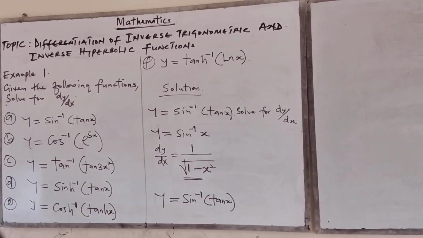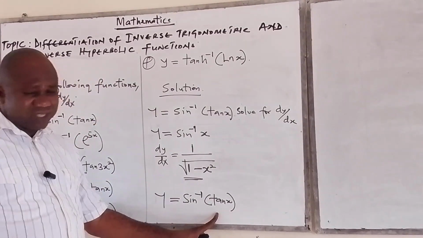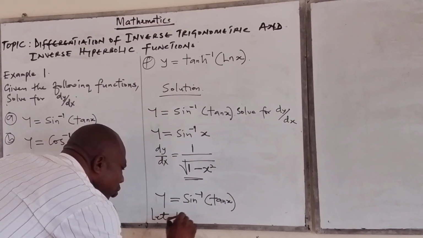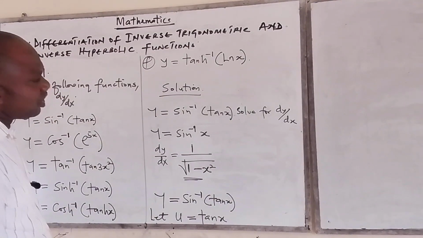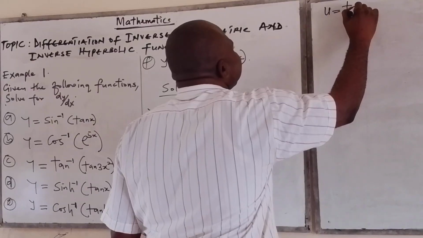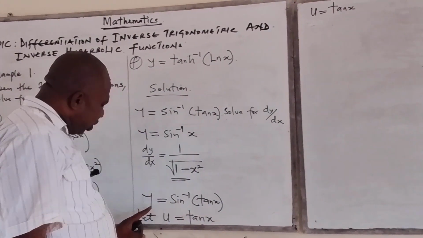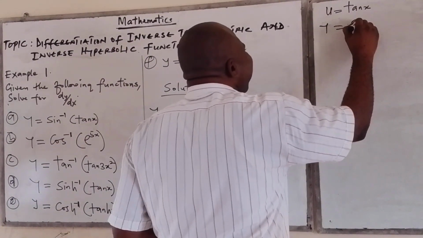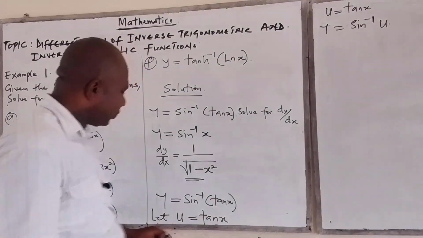Yes. So in this case, what we are going to do is to assign a variable to this tan x. So here I will say let u be equal to tan x. Now, I take it again.